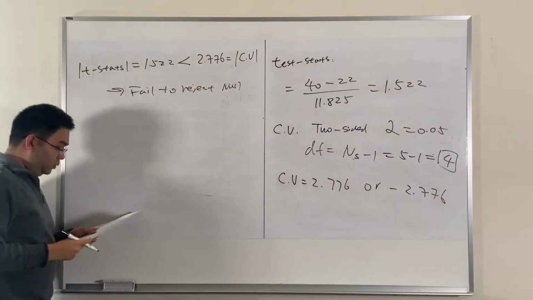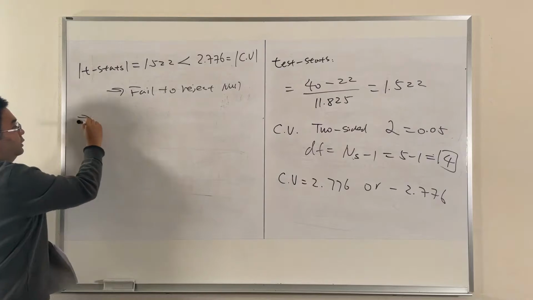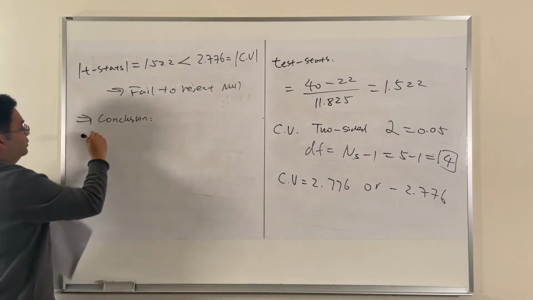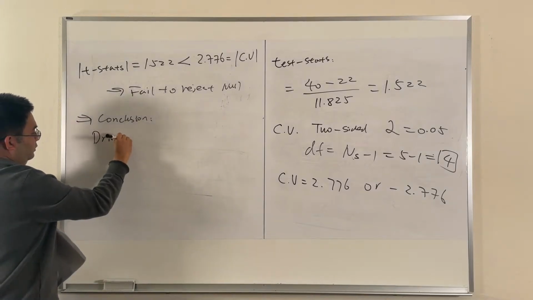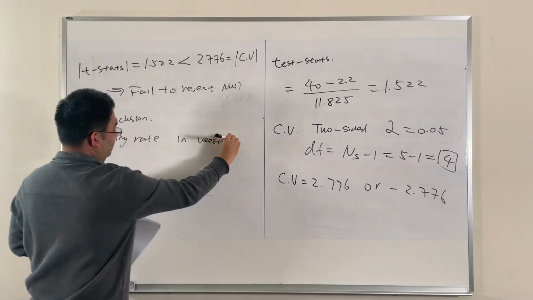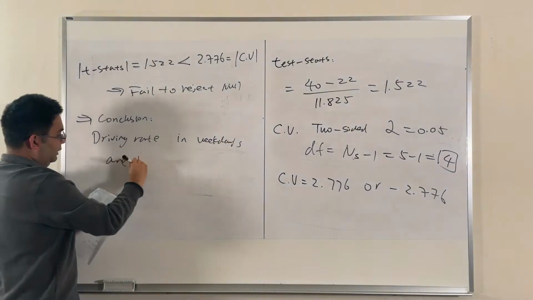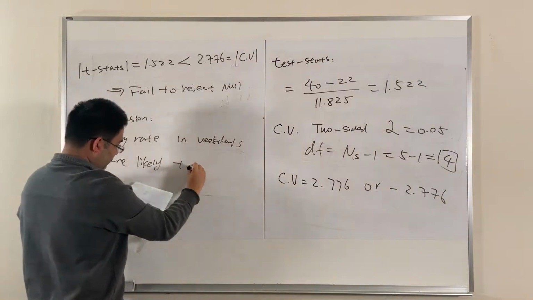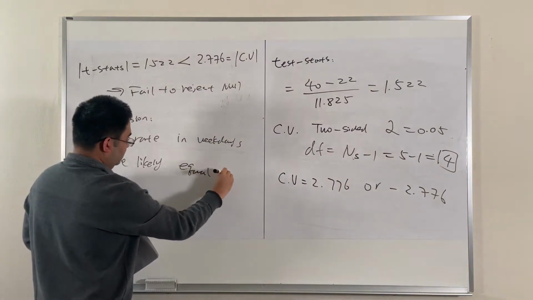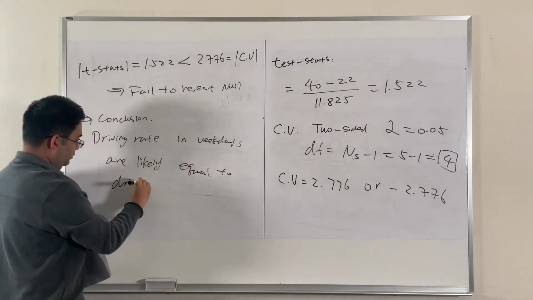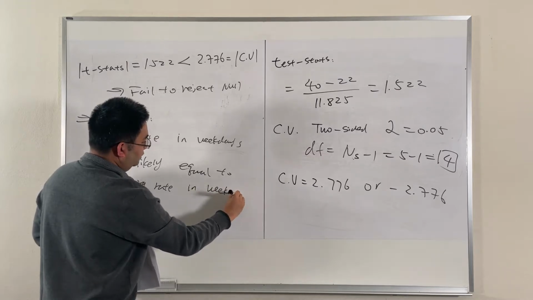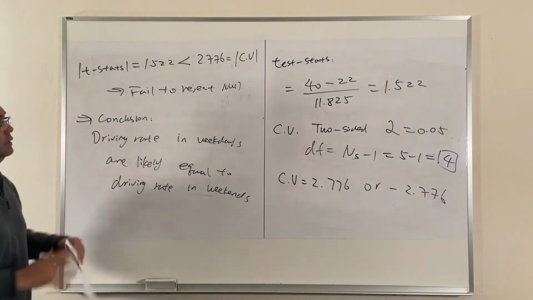And failing to reject the null means the conclusion is the driving rate on weekdays is likely equal to the driving rate on weekends. So we cannot tell if they're different from our sample.